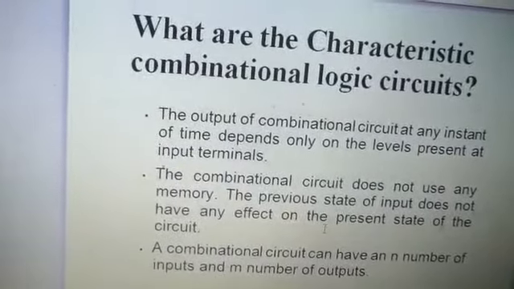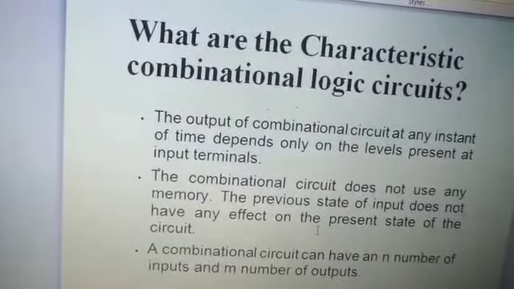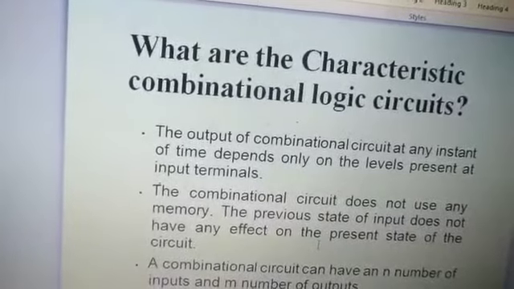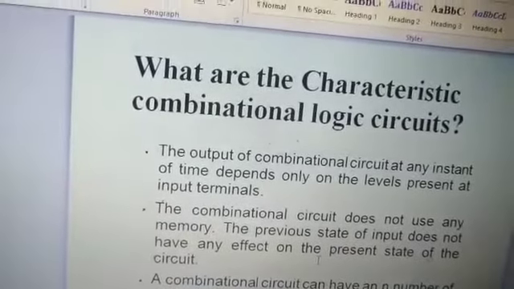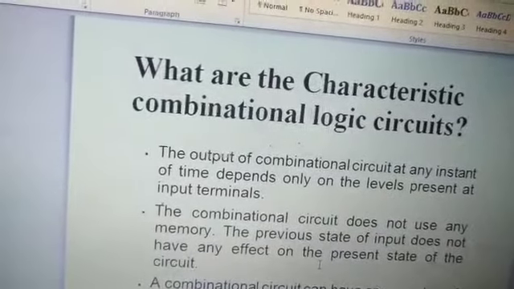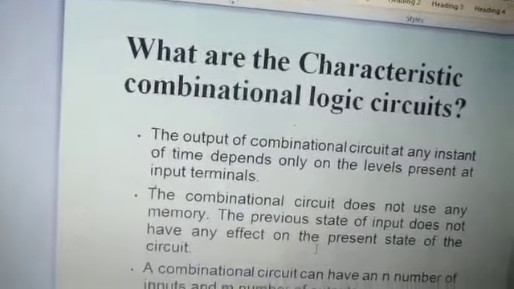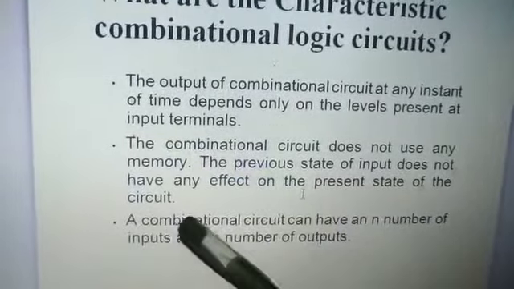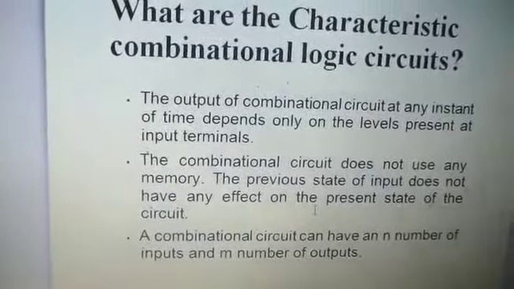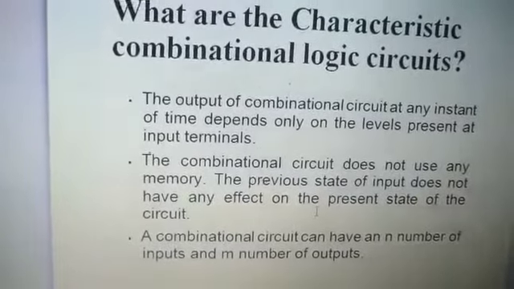If it cannot hold the previous output, then it will not affect the current output. Only the input you are giving right now will affect the current output, not the previous input. Another thing, the combinational circuit can take n number of inputs and can give you m number of outputs.